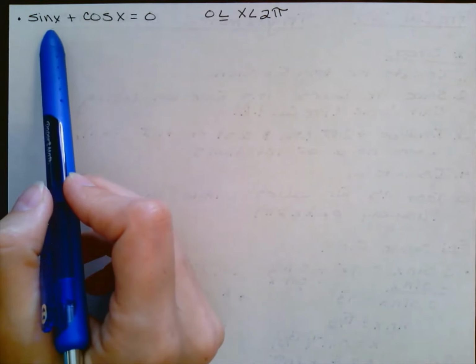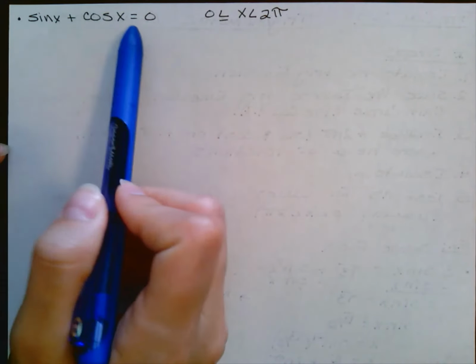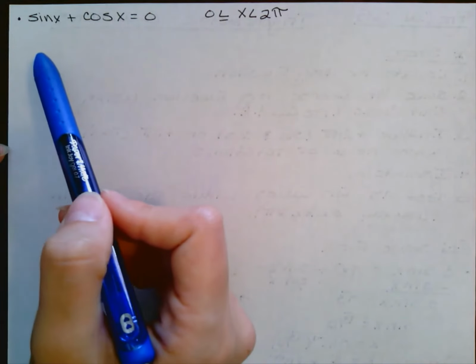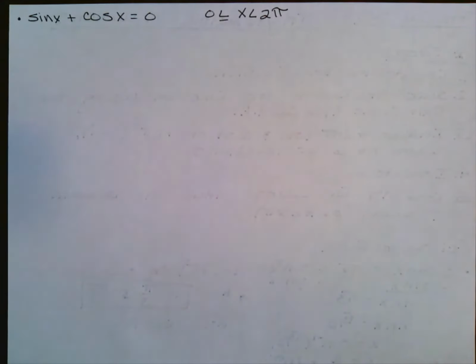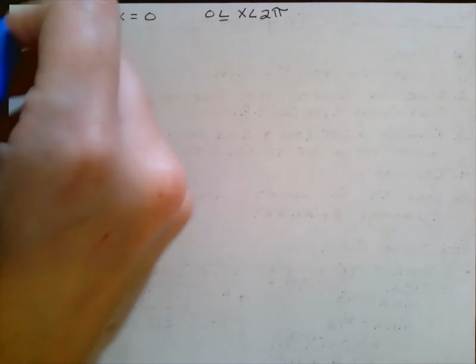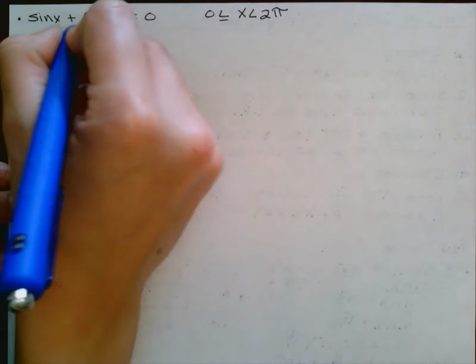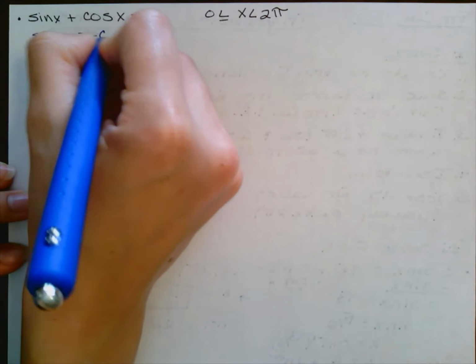And then you're asking yourself, when in the unit circle does a positive sine equal a negative cosine? You could also square both sides. We have different options. So I think the easiest one here, of all those options I just mentioned, would be to move one of those trig functions to the other side. So let's say I subtract my cosine to the right side.